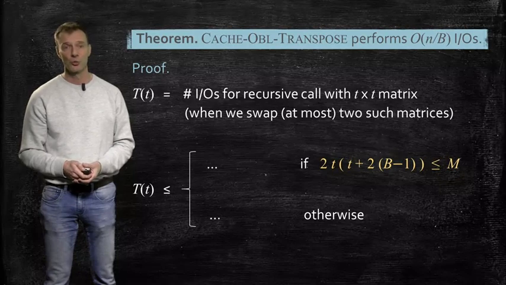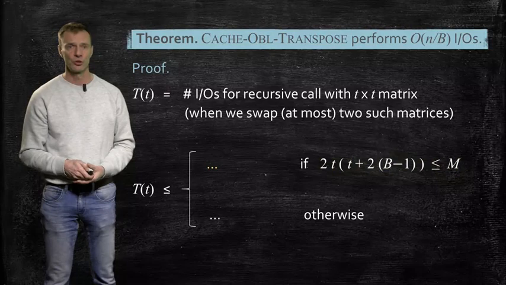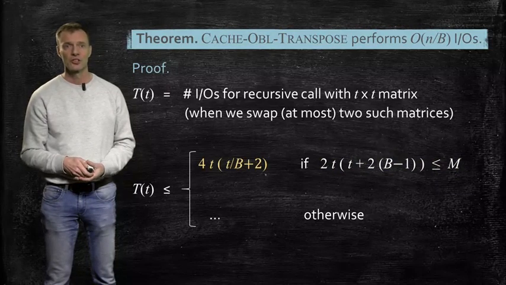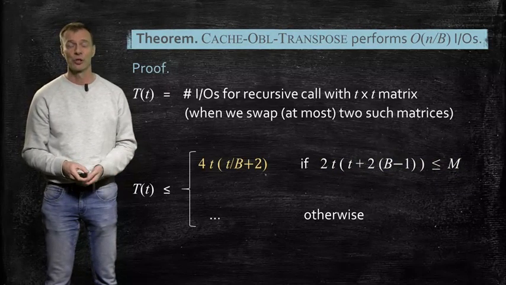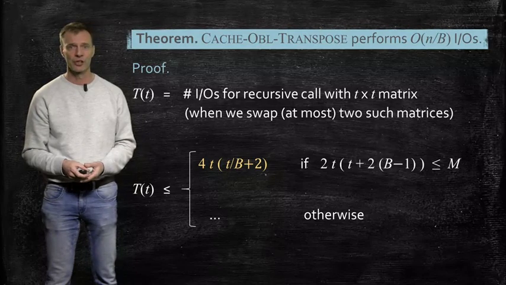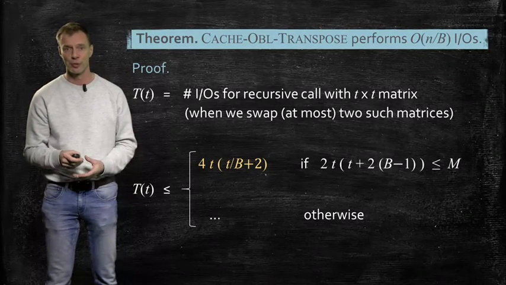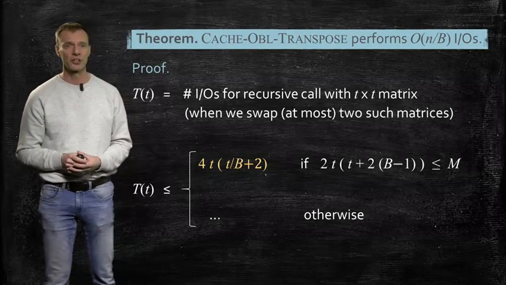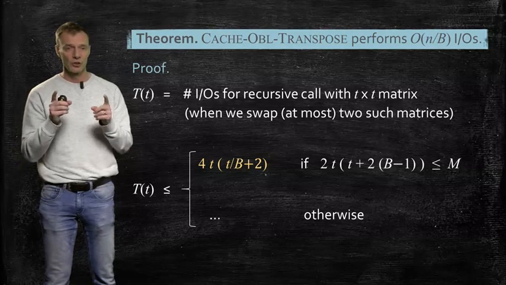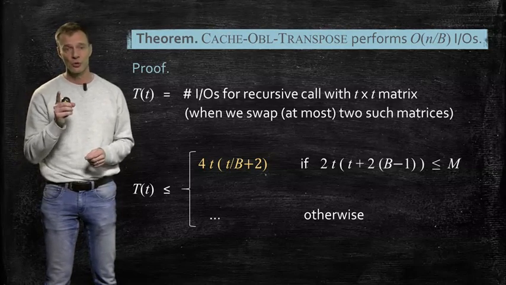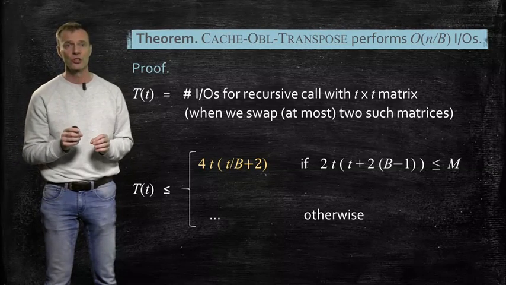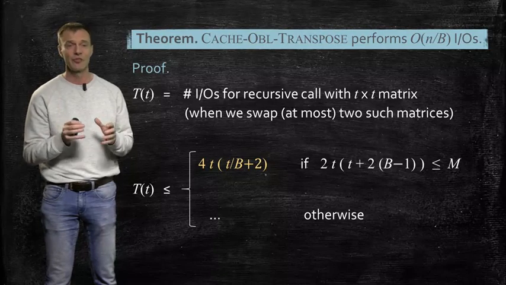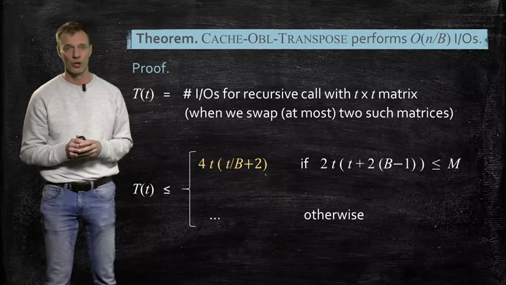How many IOs do we do in this case? Well, the first thing you could do is to say that, if you look at it more carefully, then the number of IOs is 4 times T over B plus 2. But you can also think about it in a different way, and that's kind of instructive: the base case, this condition on T, was chosen in such a way that everything exactly fits into the internal memory.